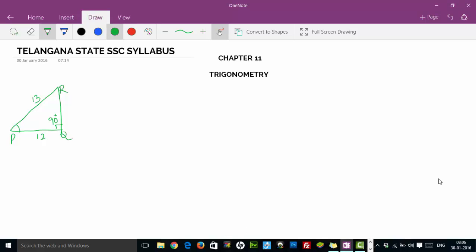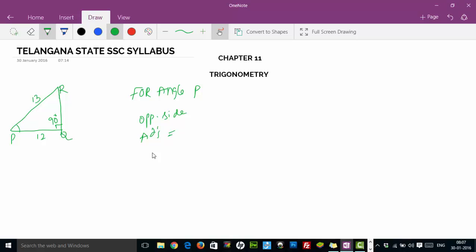Okay, now I have drawn another right triangle PQR with angle Q as 90 degrees. Now for angle P, let us find out what is the opposite side and what is the adjacent side and what is the hypotenuse.